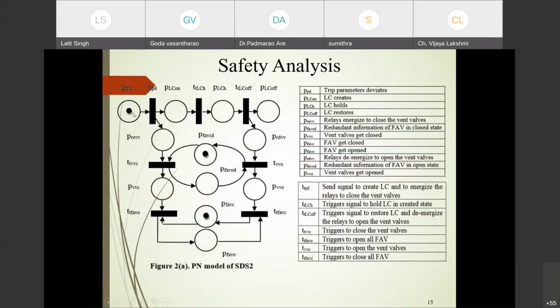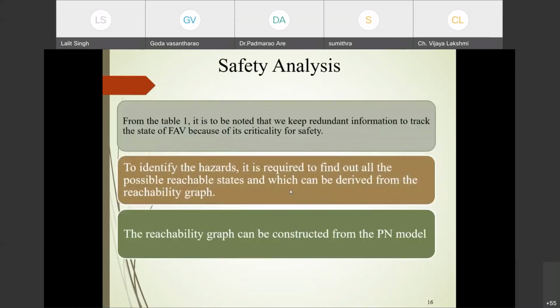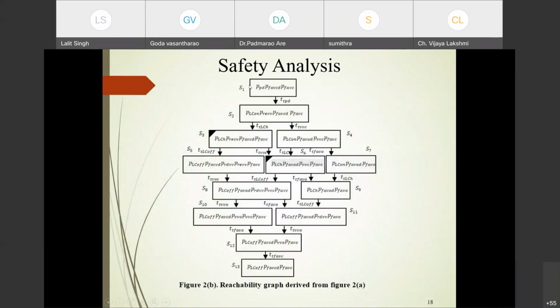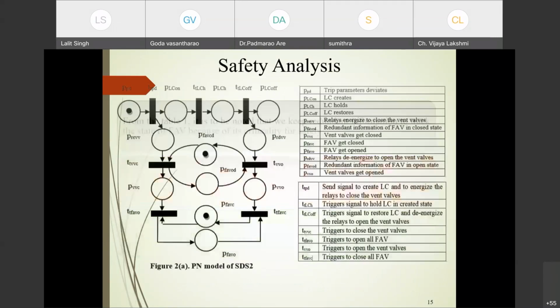Because these tokens are the only ones responsible for changing the state of the system, let us ignore the rest of the places just to save space. And we have written the first state, mentioning all the places which have a token: PPD, TFAVCD, TFAVC. Then if you look back at this figure, only one transition is enabled, that is TTPD.